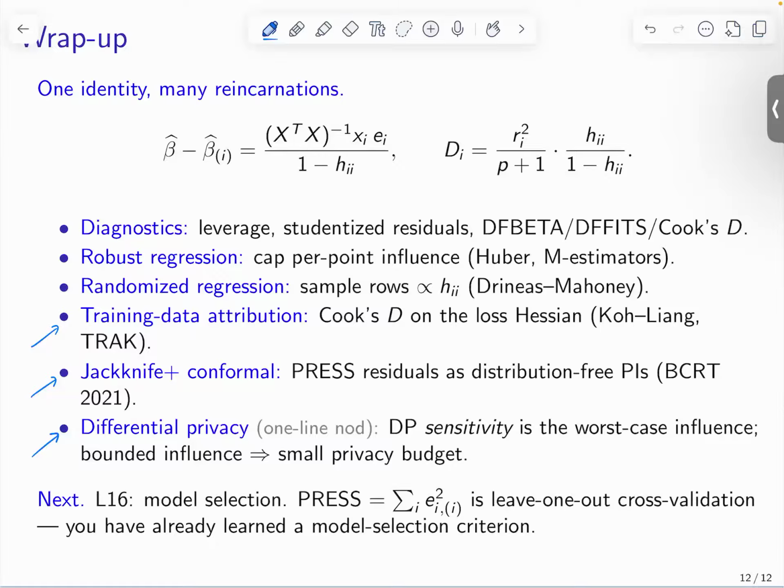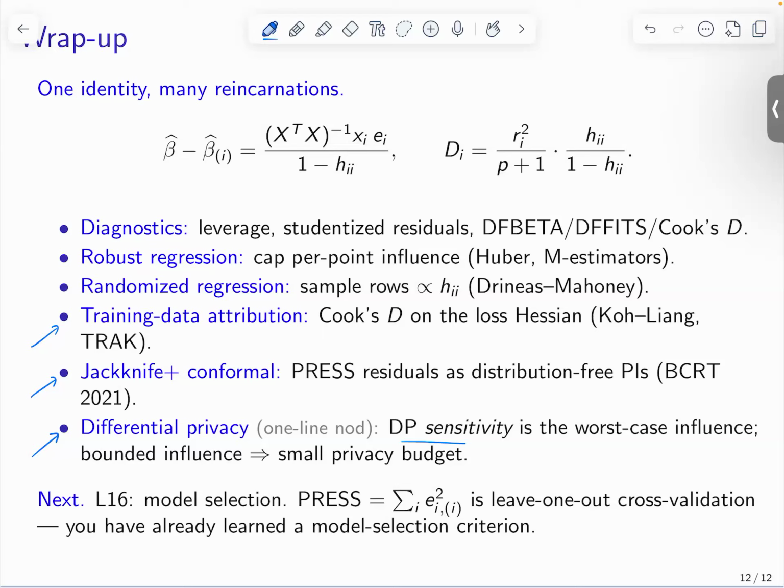And this goes back to the idea of influence. If a point is very influential on your fit, potentially you can invert it back and recover the point. Differential privacy is very similar, but it asks for a stronger notion: if you remove one of your data points and replace it with something arbitrary, you don't want the fit to change too much.